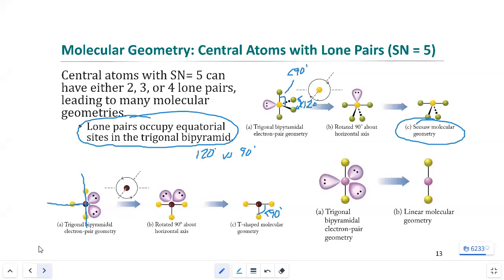If all three equatorial positions are occupied, well, that means that there is no more equatorial plane, basically. All that's left is the line, the linear shape. And those three positions basically cancel each other out. So any pushing that they have on those two remaining bonds is basically negated by the other two lone pairs.